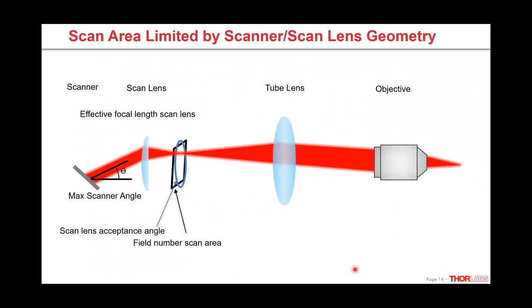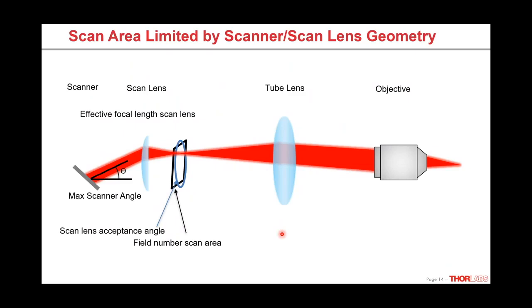So this limits field of view in two ways. One is the scanners in your system will have a max off-axis angle. And because rasterization will usually use two different scanners, this will generate a square. Now, the scan lens itself has a limited field number or area of field of view. And since that's radially symmetric, that will limit the imaging area by a circle.